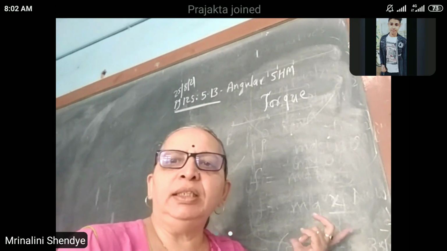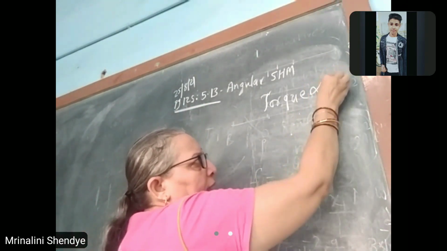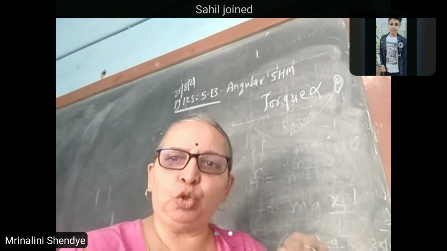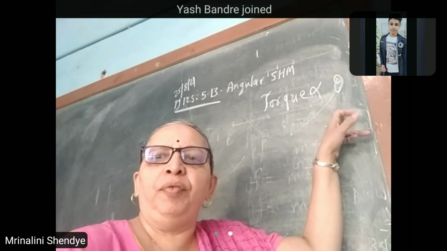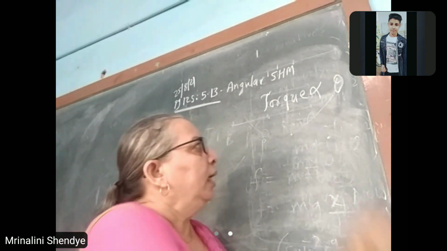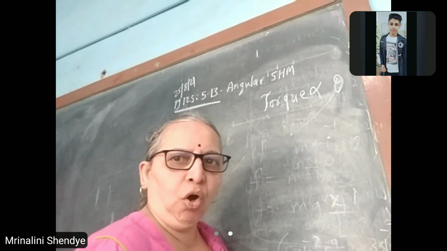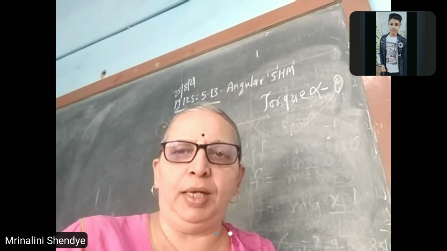So torque is proportional to angular displacement, and being restoring, it is opposite to the direction of angular displacement. So we can write restoring torque proportional to minus angular displacement.